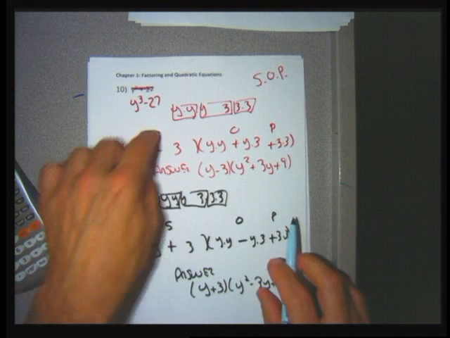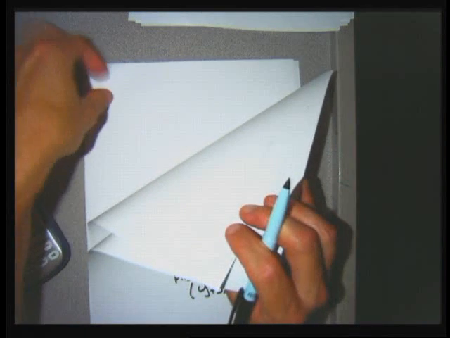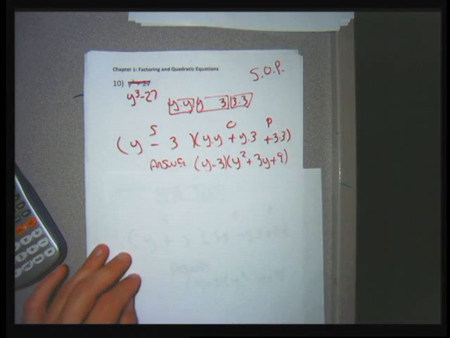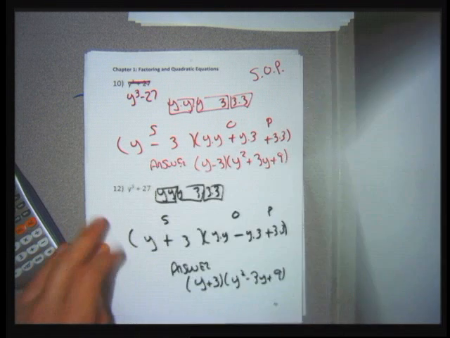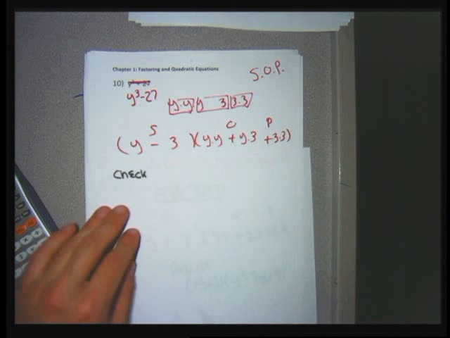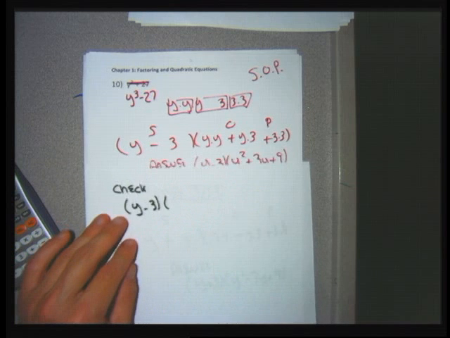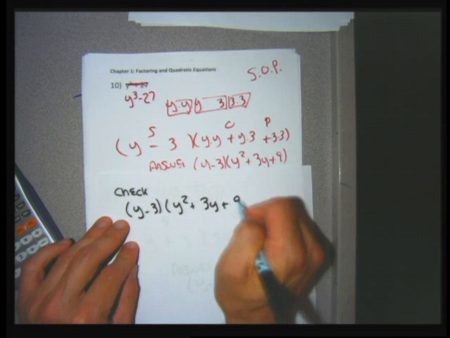I'm going to go ahead and check number 10 just so you can see one with a minus checked. I don't like checking these, but we should check them every now and then just to show that we can. I'd never check these because I'm confident in my ability. But if I wanted to check number 10, I'd do it by multiplying y minus 3 times y squared plus 3y plus 9.